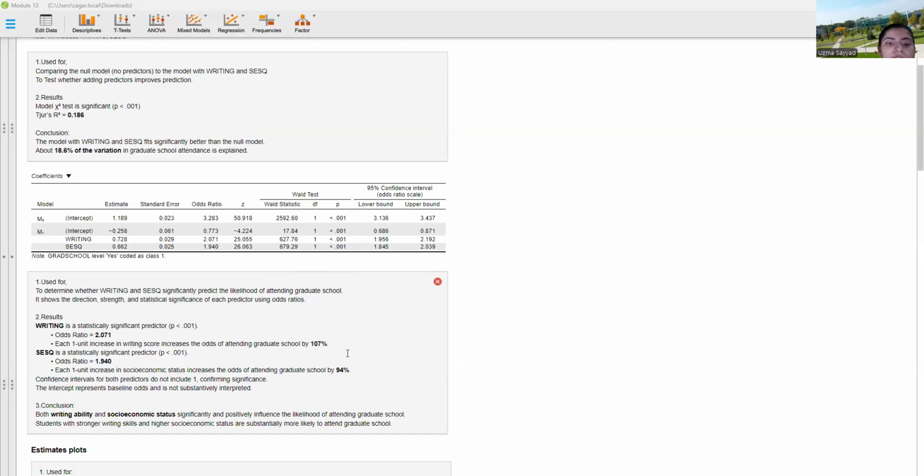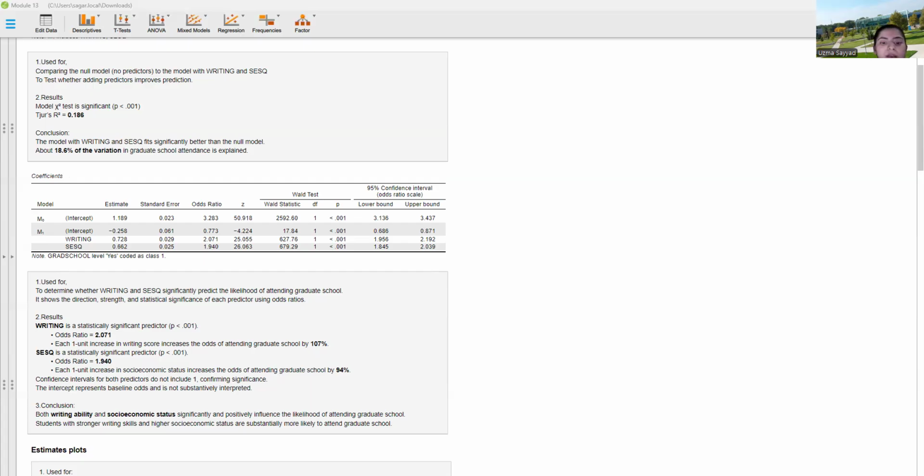The confidence interval does not include 1, which confirms that this effect is statistically significant. This indicates that writing ability is a strong and meaningful predictor of graduate school attendance.